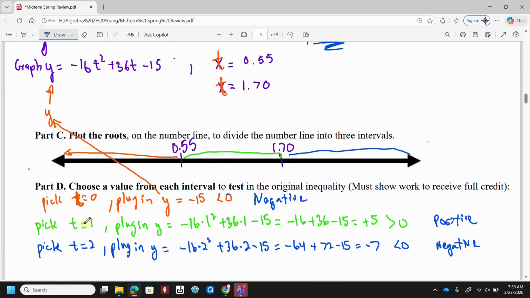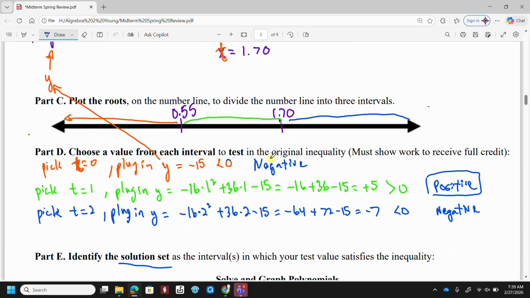It has to be this one. Positive is right here, the green region, which is between 0.55 and 1.70. So the answer would be 0.55, comma 1.70. So that's it.